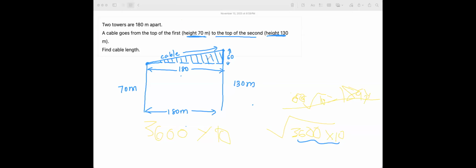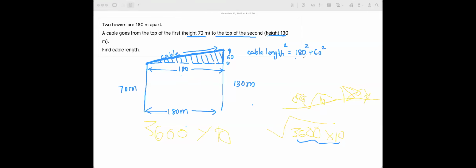If this is your right triangle, the cable length is called what of the right triangle? The hypotenuse. So cable length squared equals 180 squared plus 60 squared.